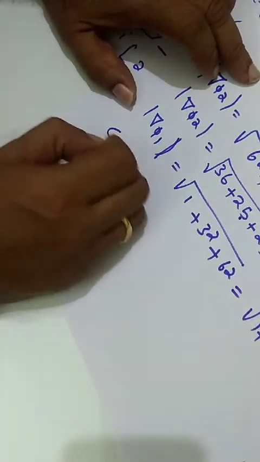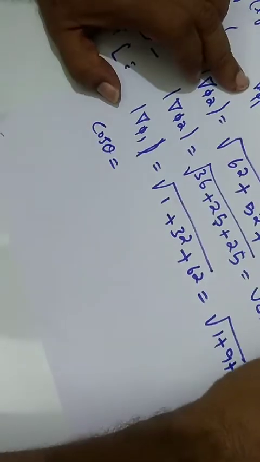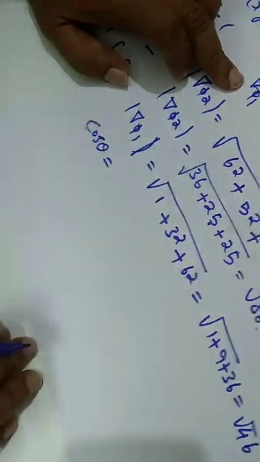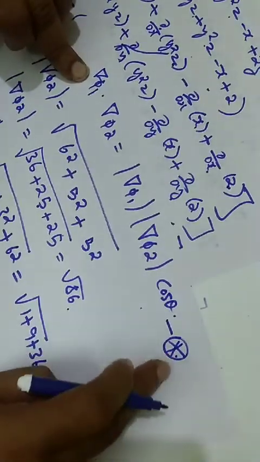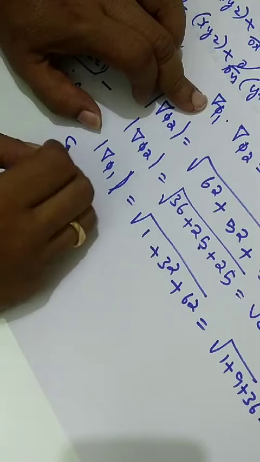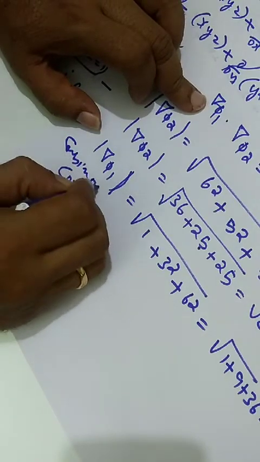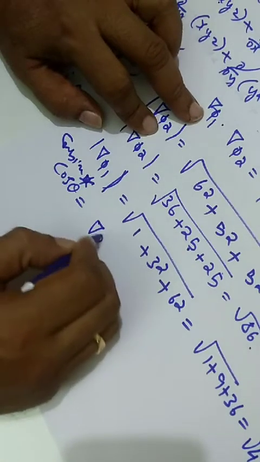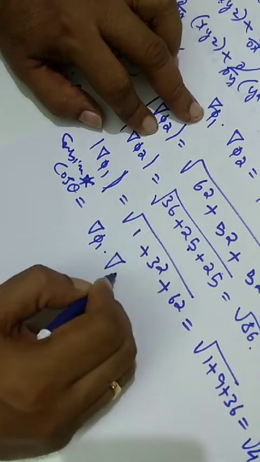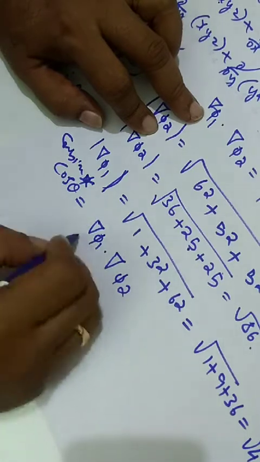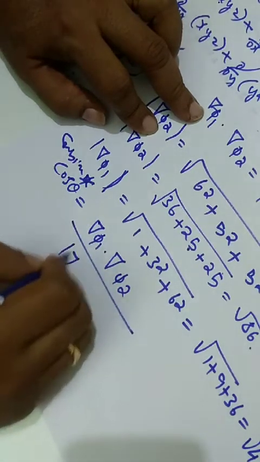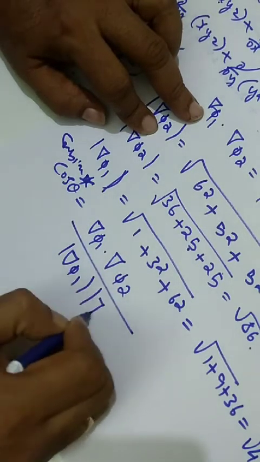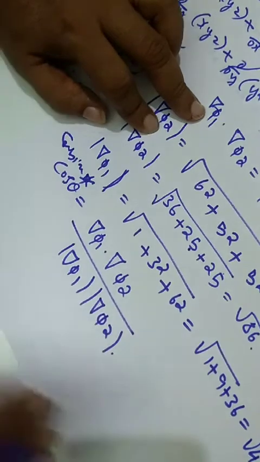So what is cos theta? Substituting in the star, the formula is cos theta is equal to del phi 1 dot del phi 2 divided by absolute value of del phi 1 into absolute value of del phi 2.